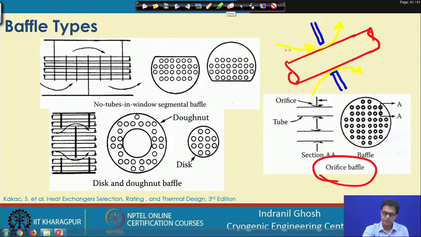I am sorry, this is the tube side fluid and this is the shell side fluid. We have the baffle, and between the baffle and the tube we have a small gap through which we allow the shell side fluid to pass. So, you see here, it is forming a kind of orifice between the baffle and the tube, and that is where the fluid will be passing through.